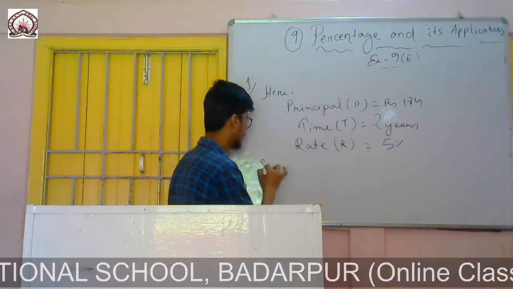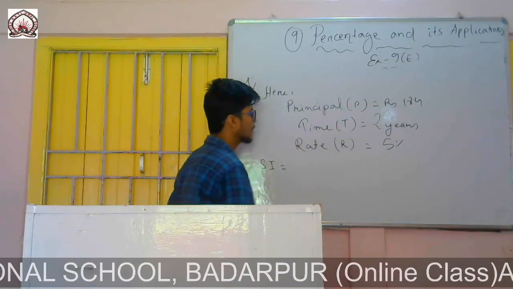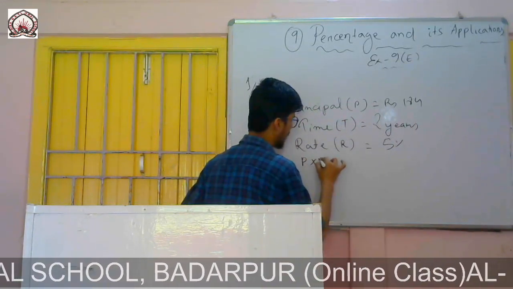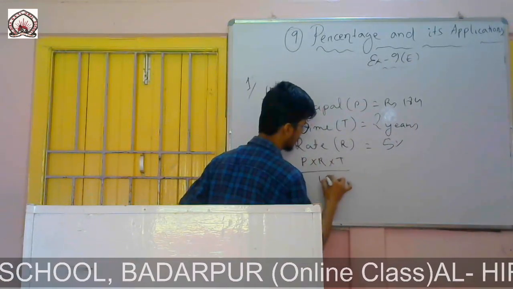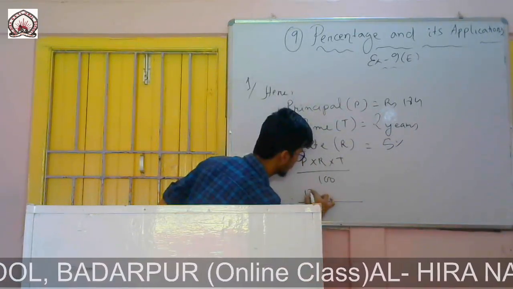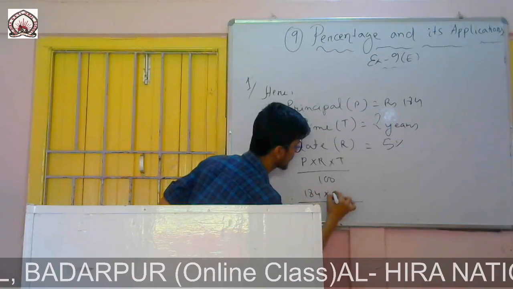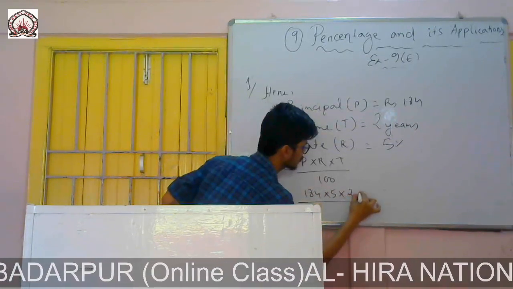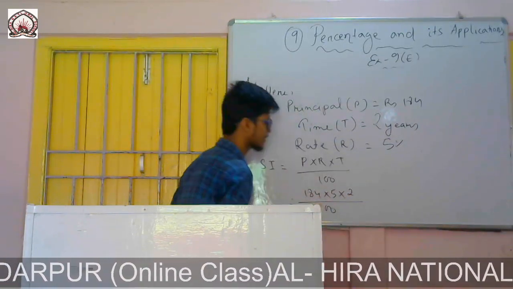First of all we will find the simple interest. SI will be PRT by 100. We know the value of P, it is 184, into rate 5, and time 2 years, divided by 100.